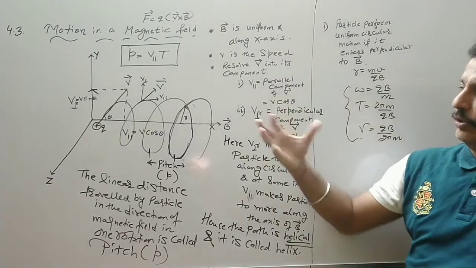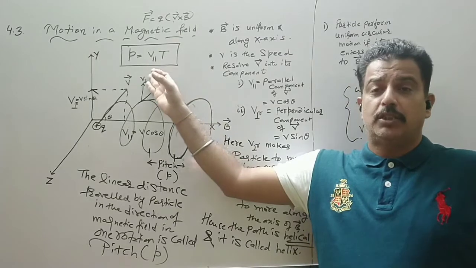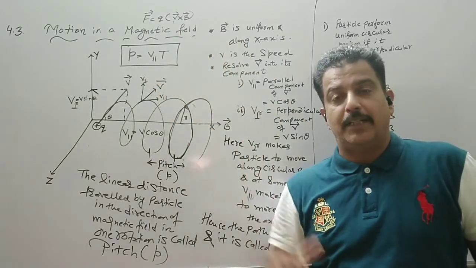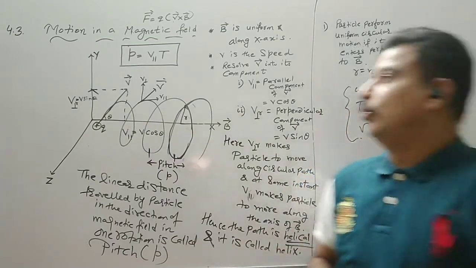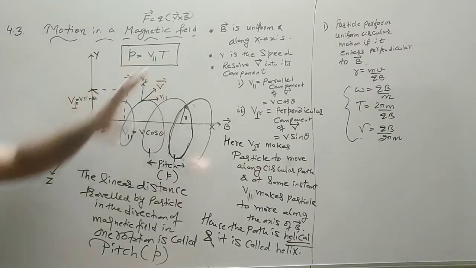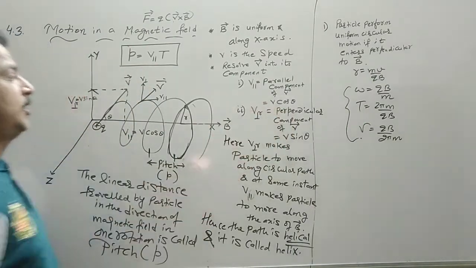So there also the formula was similar. Here also we have written v cos theta, and there we have written the total time for which the particle remains in the air, or the particle comes back to its original position on the surface of the earth. So again, distance is equal to speed into time. In the place of speed, we write the parallel component, that is v cos theta.